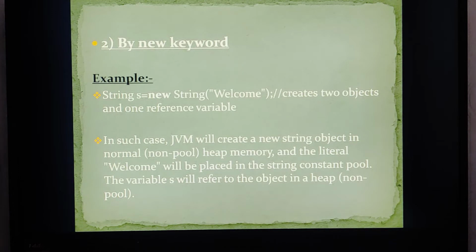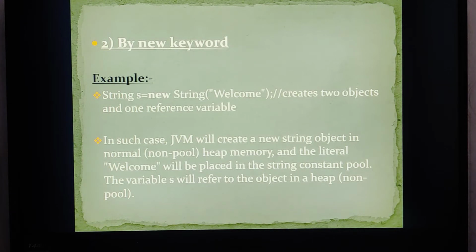So guys, this can be tricky. Some interviewer will ask, when you create a string object using a string literal, how many objects get created? You have to say only one object is created, but if the same object is already present in the string constant pool area, then it will not create another object. The second string literal reference will point to the same object.